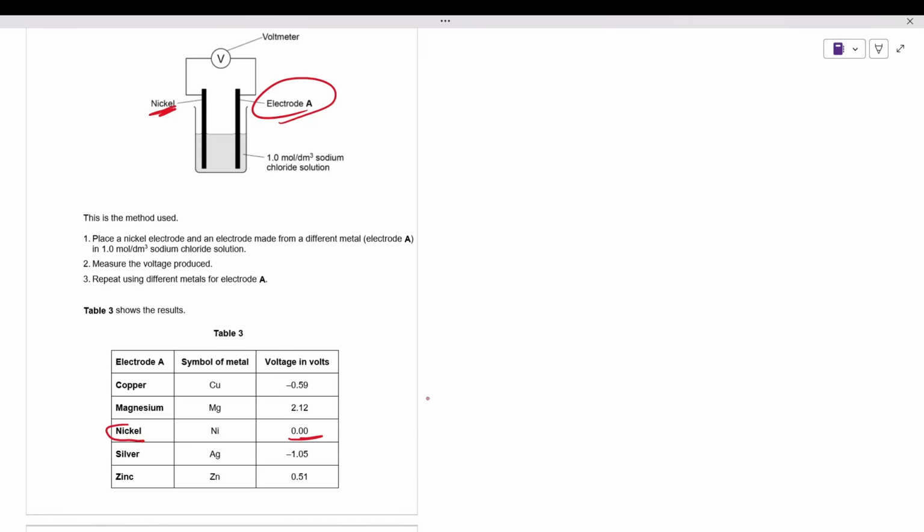So if I'm going to arrange this, I'm going to look at the more positive. And in this case, it's going to be magnesium. So magnesium is the more positive. Then in line, we're going to have zinc. Then we're going to have nickel, because nickel in that case is 0. So that's the middle ground there. So that's Ni. Then we're going to have silver. And then we're going to have copper. So that's what the structure would look like.